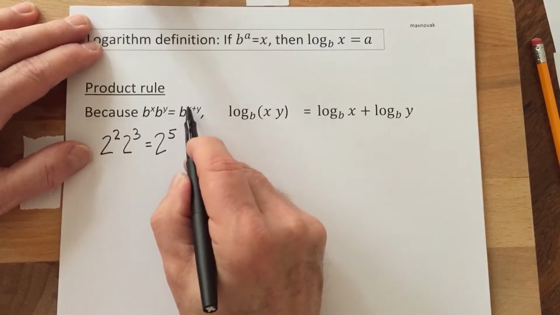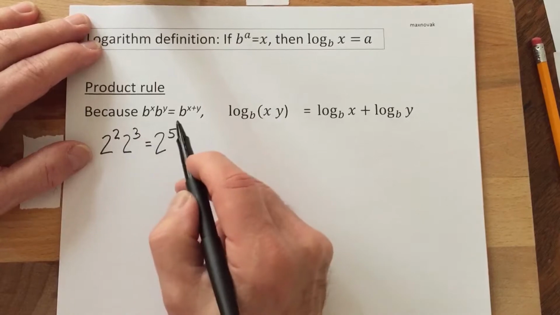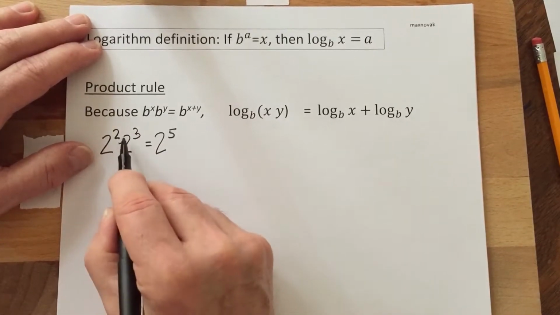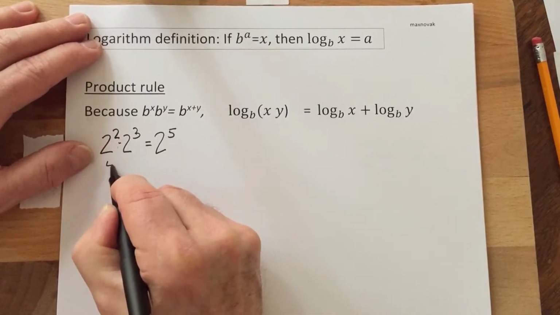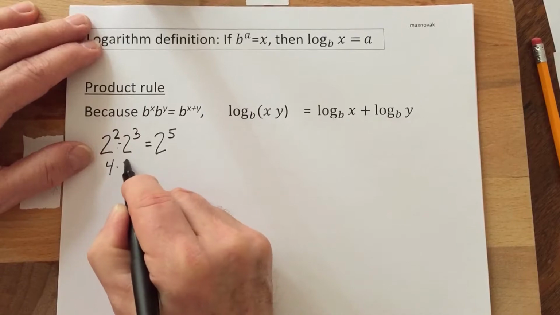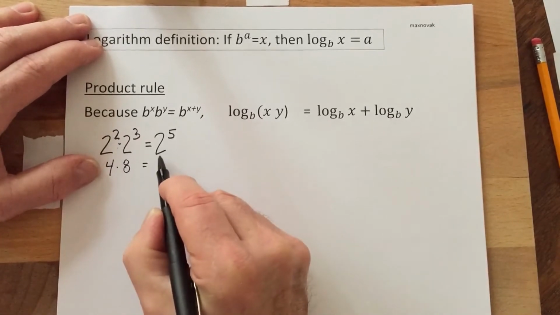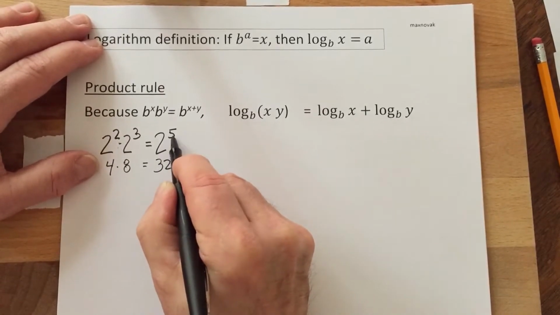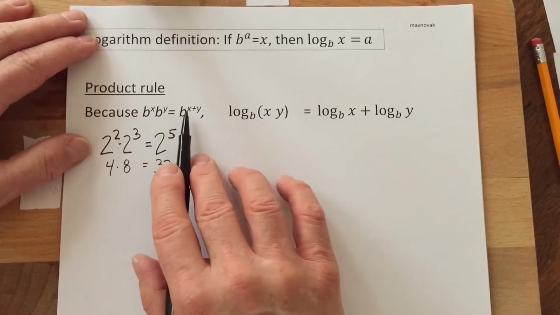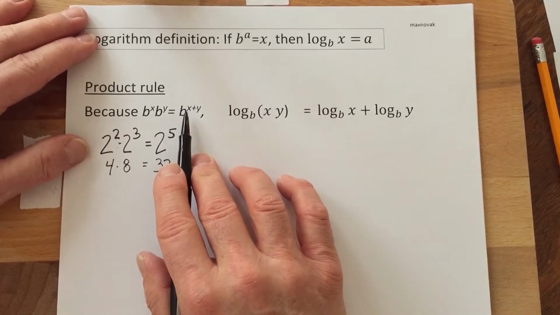And you add these two exponents to get the sum. Let's just check that. 4 times, and what's 2 to the third? That's right, it's 8. 4 times 8 equals 32, which is 2 to the fifth. So this is a rule of exponents.